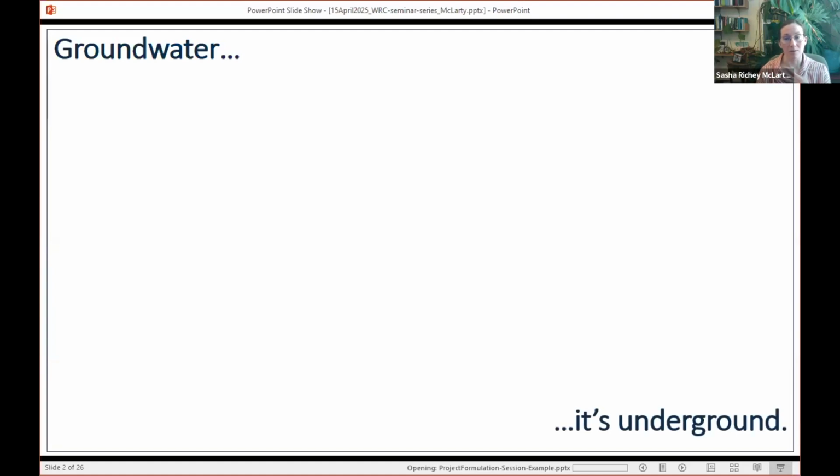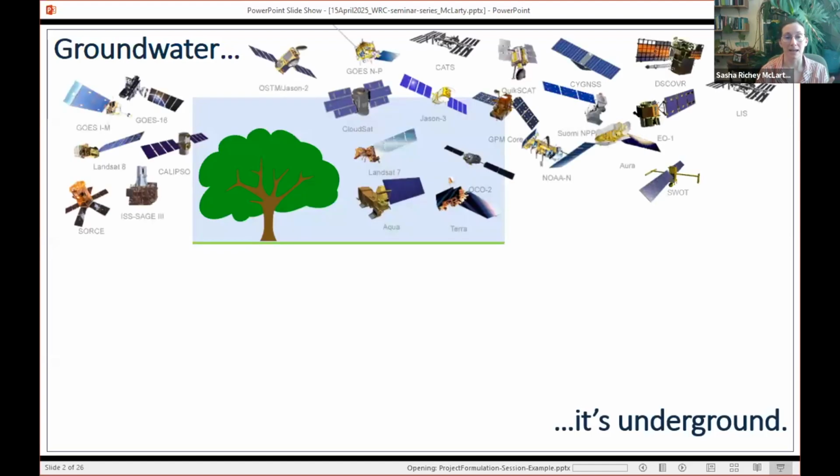When I talk about remote sensing today, I'm referring to satellite observations, but anything from a handheld camera to a drone is a remotely sensed observation. But today, again, I'm focused on satellites primarily. This is some, but not all, of past and current Earth observing satellites.